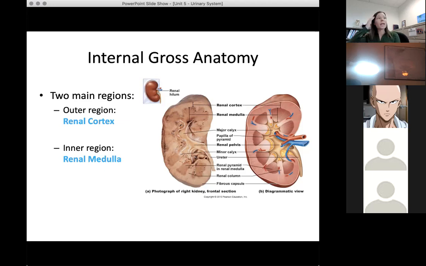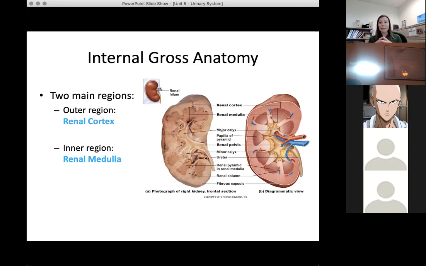So it's a larger channel that's formed when several minor calyces come together or unite. So if you guys can look at the diagram, there are minor calyces coming off of pyramids here, here, and here, and then where they all kind of empty into, that forms a major calyx. So minor calyces drain into major calyces.